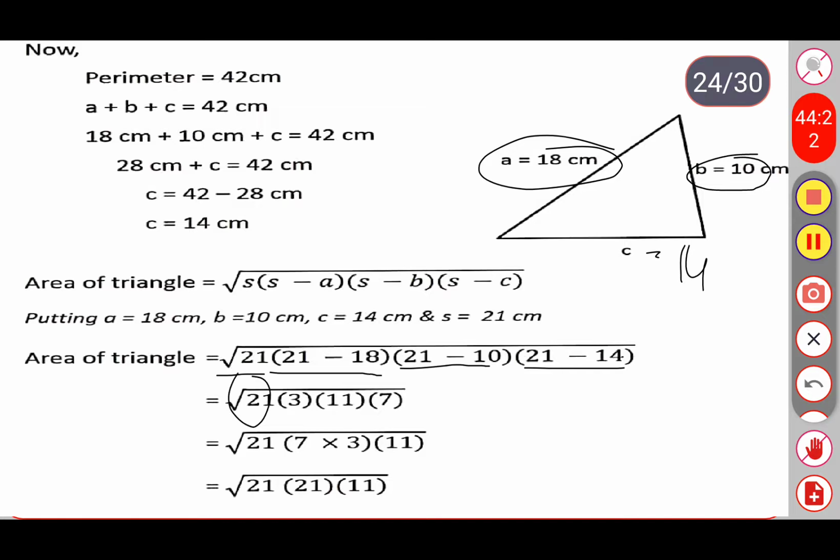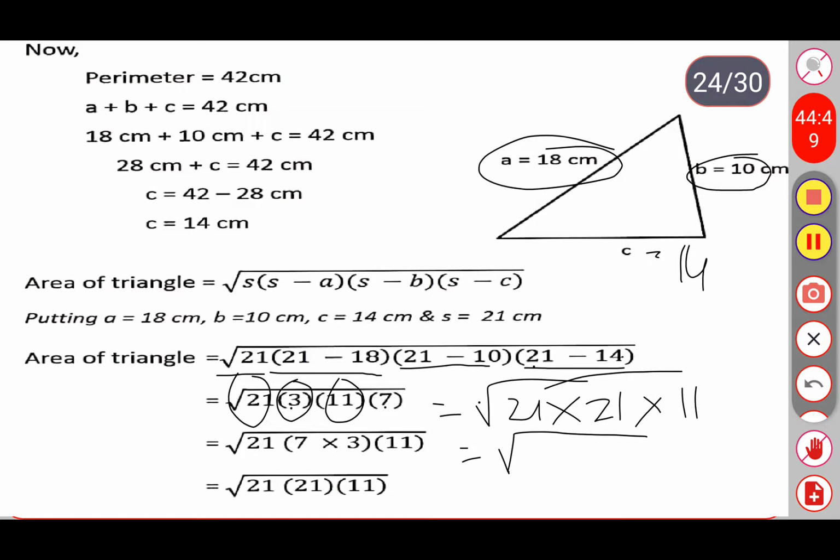Now write this 21 as it is. 21 minus 18 is 3, and 21 minus 10 is 11, and 21 minus 14 is 7. So how can you write this one? 21 write as it is, root 21 write as it is. 7 threes are 21 into 11.